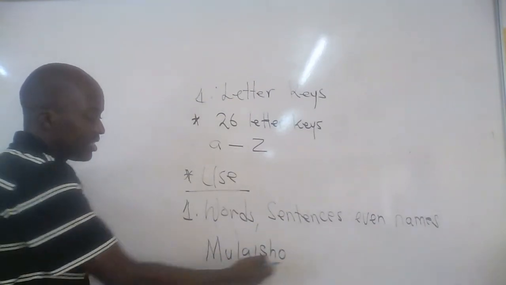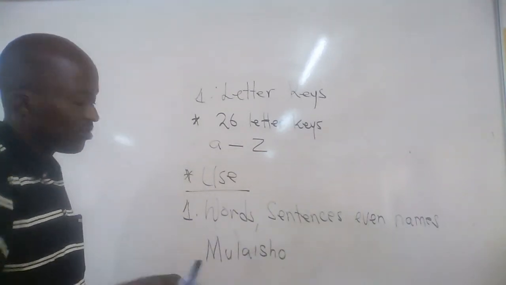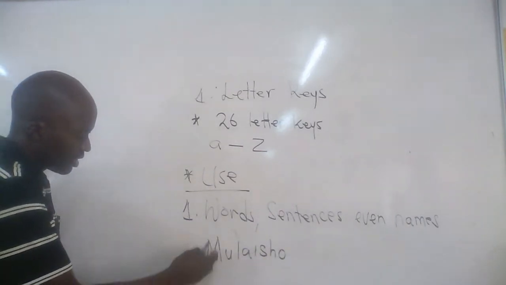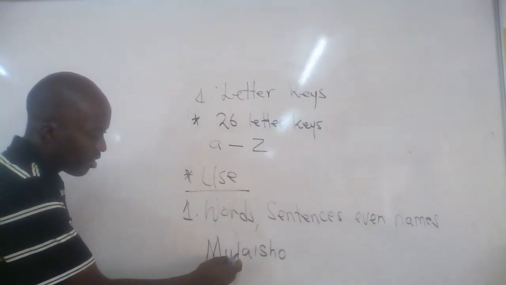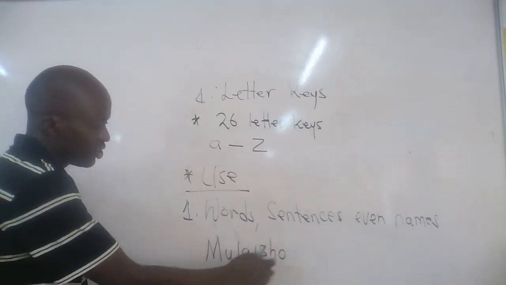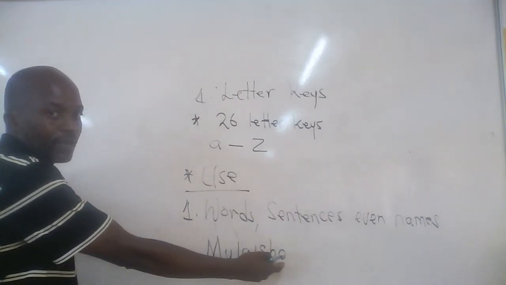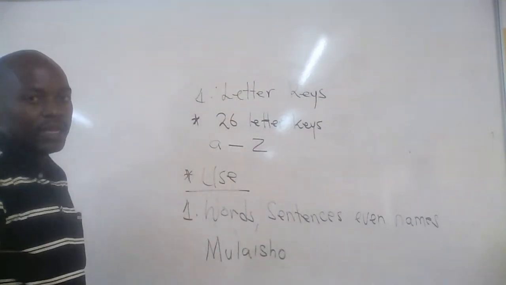When I type this name on the keyboard, I'll be pressing the keys on the keyboard. I'll start with the key that has M on it, then U, L, A, I, S, H, O. Are we together? So these are what we call letter keys.